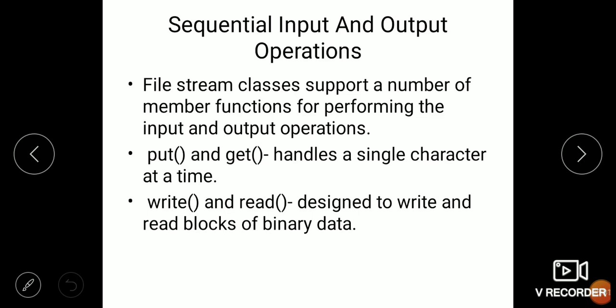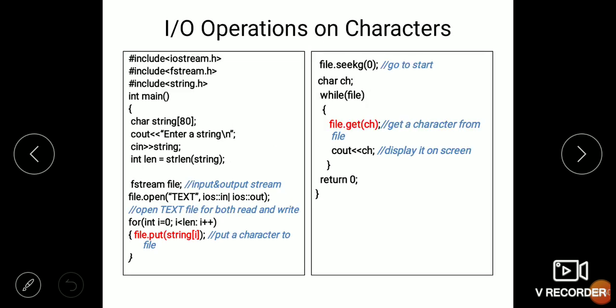Put and get, that is the combination. The put function and get function handle single characters at a time, and we can use the other combination, write and read functions, to read or write blocks of binary data. Clear? So in the next section we can check the programs using this.